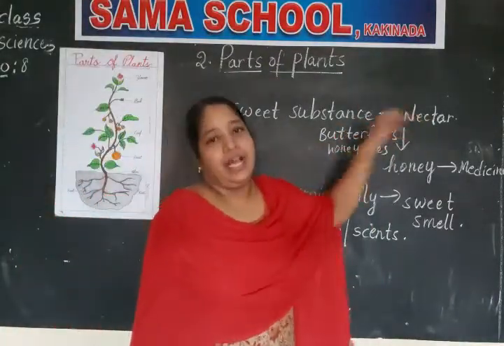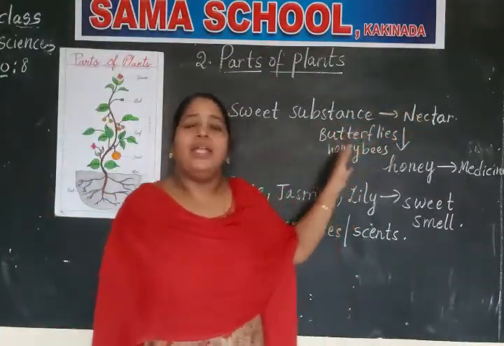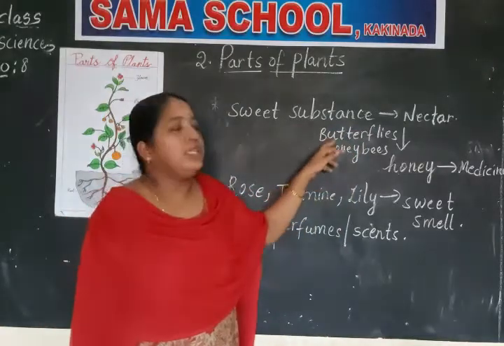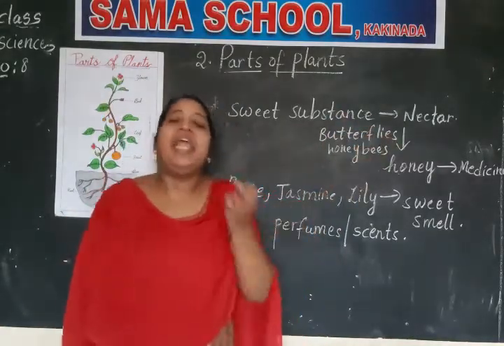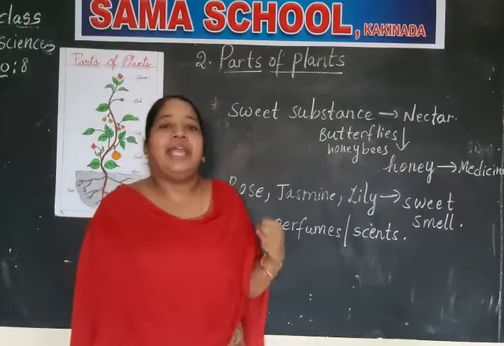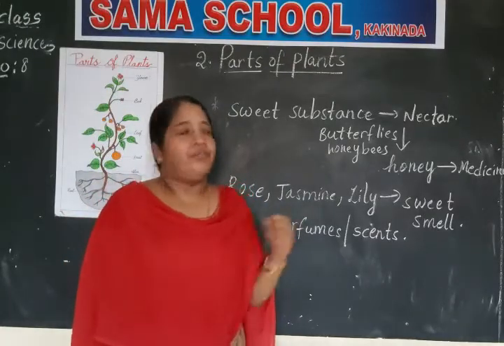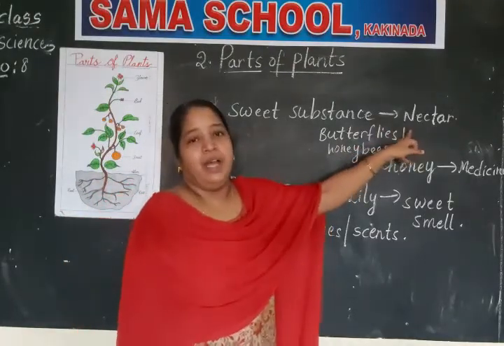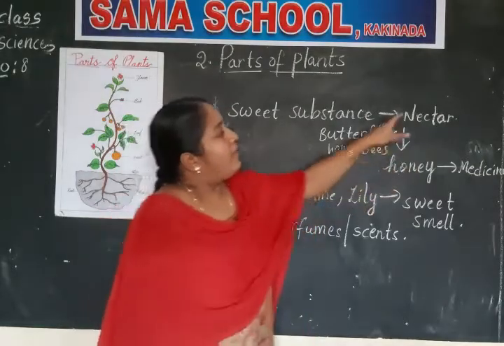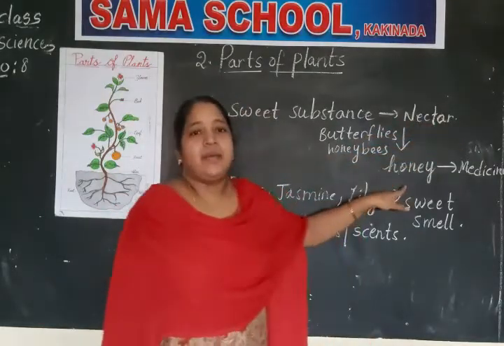They sit on the flower. Why do they sit on the flower? Because these insects suck the nectar from the flowers. And from this nectar, honey is prepared.